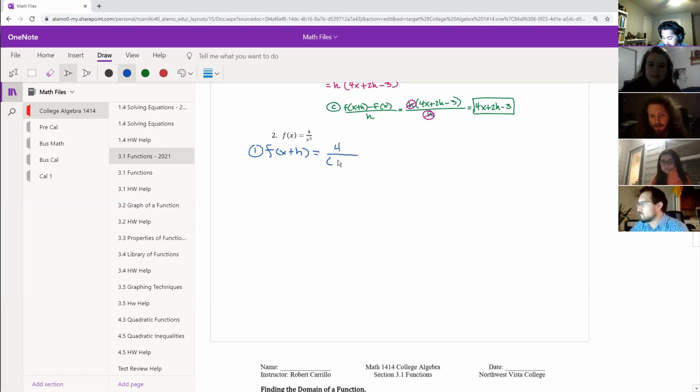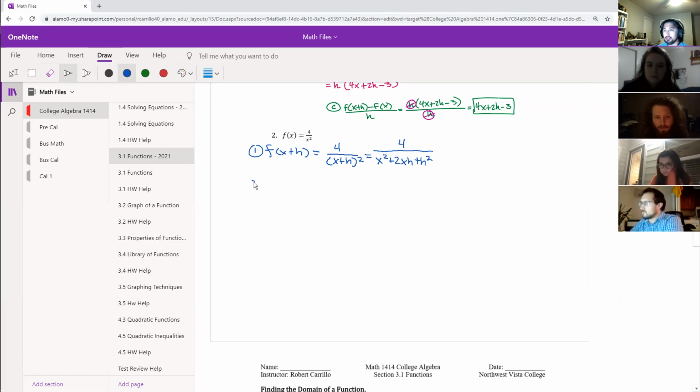4 divided by x plus h squared, and that's going to be equal to 4 over, let me do my bottom part first. We'll have x squared plus 2xh plus h squared, divided by 4.